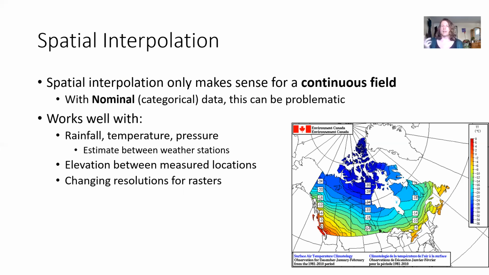So Canada has a network of weather stations spread across the country, some more dense in populated areas, some more sparse, especially in the north. But we can use the information from these weather stations to estimate the average temperature at all locations across the country by interpolating between the values at weather stations. It can be used to measure or estimate elevation between measured locations, and it's also used when we change resolution of raster images.